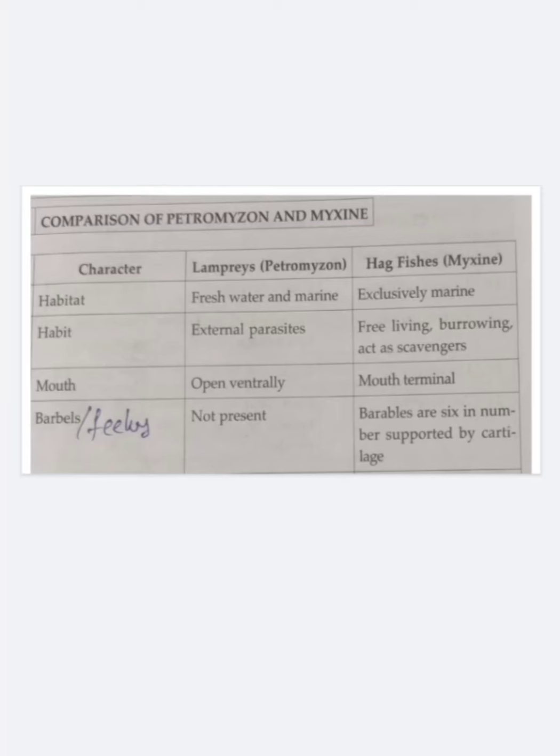When we see the mouth of Petromyzon, it is an open mouth located at the ventral position, and Myxine always has a mouth which is terminal in position. The barbels, also called feelers, are not present in Petromyzon, and barbels are present in hagfish.